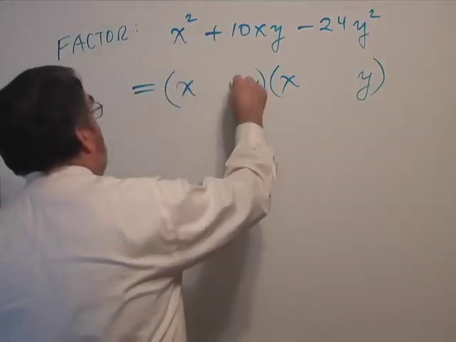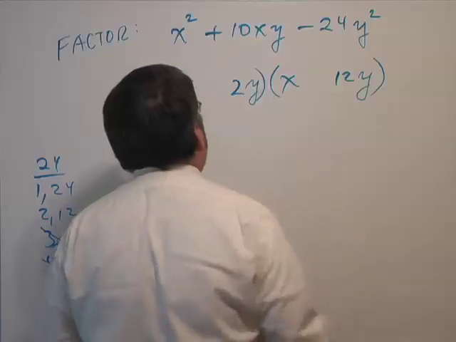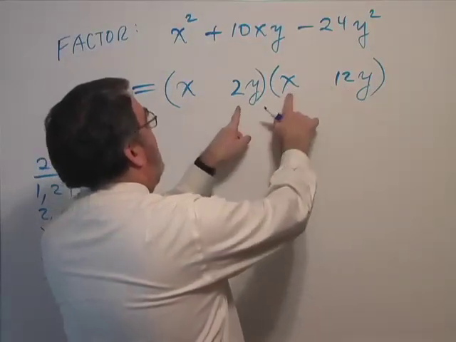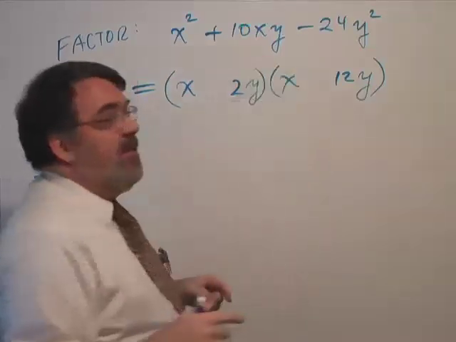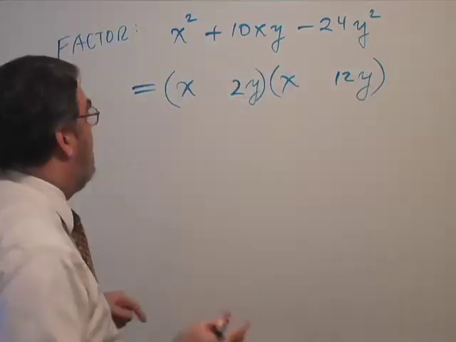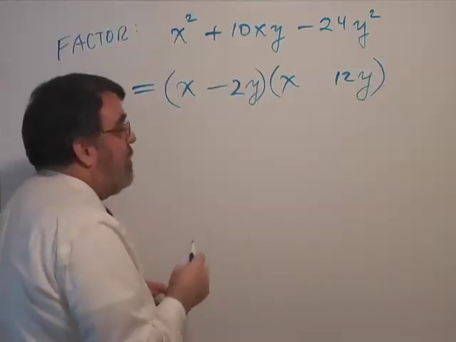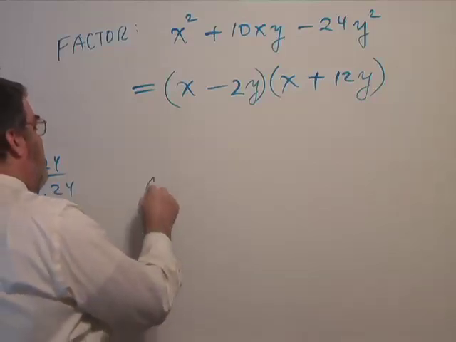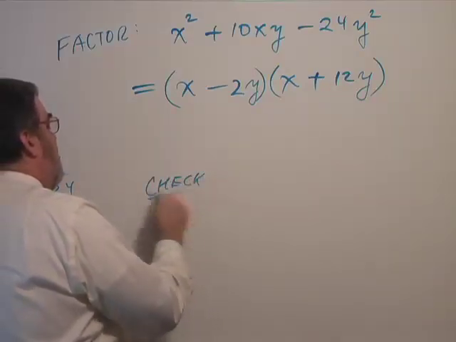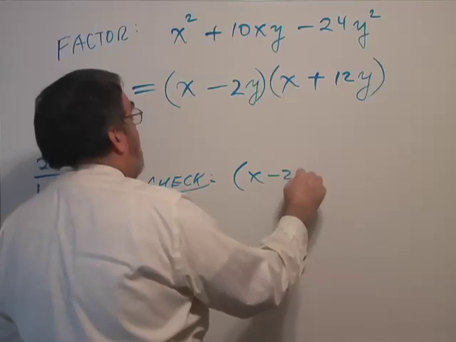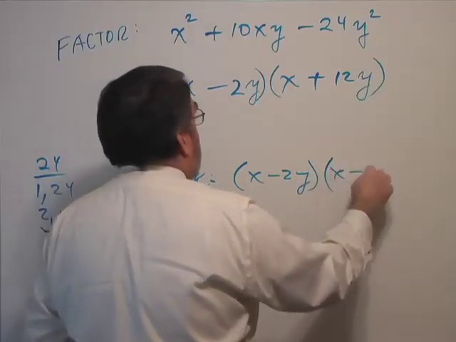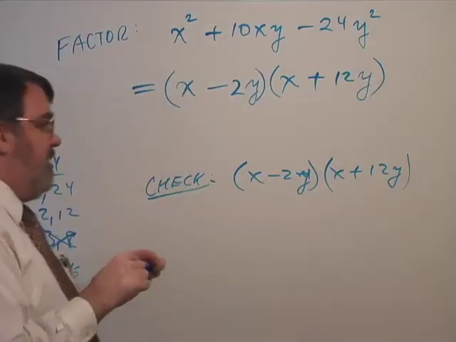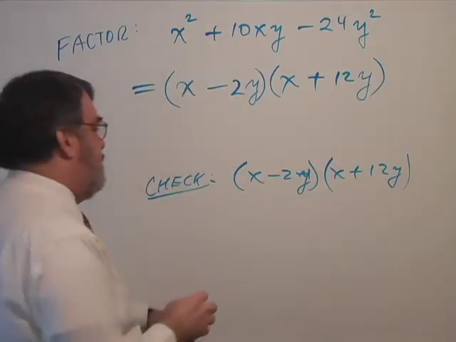But 2y and 12y. Now, I do have 12xy and 2xy. To get 10, I'm going to have to make one of those a negative. In particular, it's going to have to be the 2. And so, let's see if this works. I'm going to check it. And again, it does work, but I want to just show this to you, in case anybody needs a review of multiplying also, this is good for you.